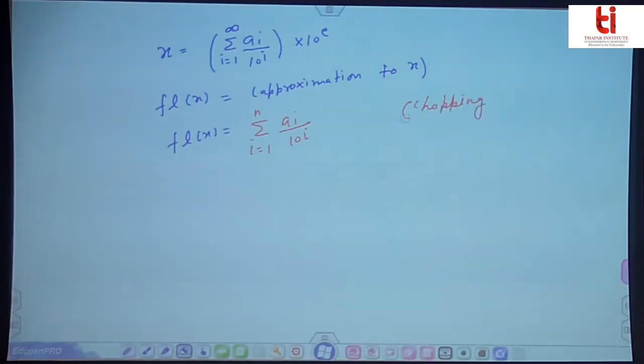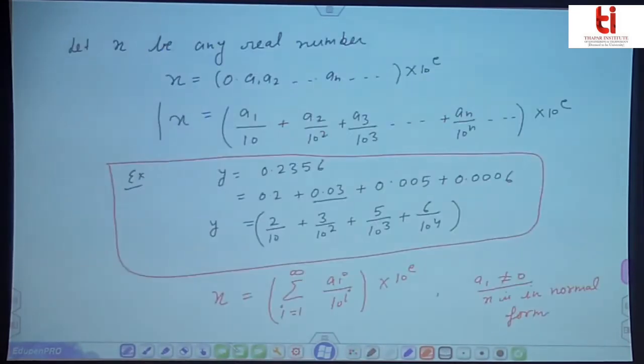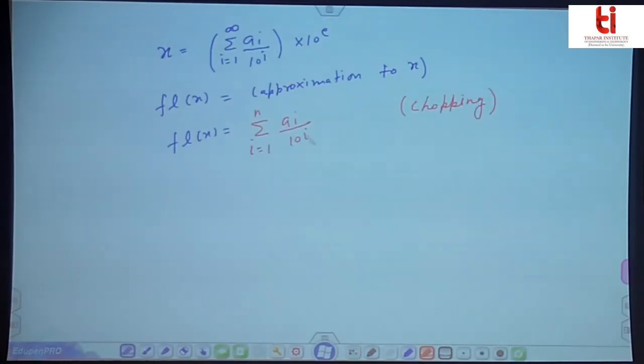Let us recall it. In chopping, we truncate the series after n digits. We take up to n digits in fl(x) and leave the other terms. So fl(x) will be from a1 upon 10 to an upon 10 raised to power n, that is, the summation i equal to 1 to n of ai upon 10 raised to power i.